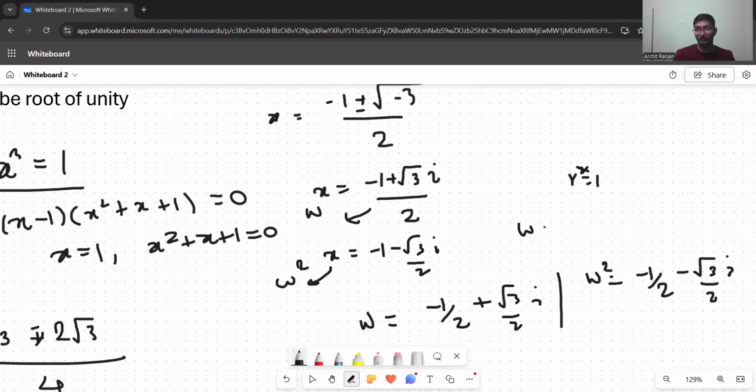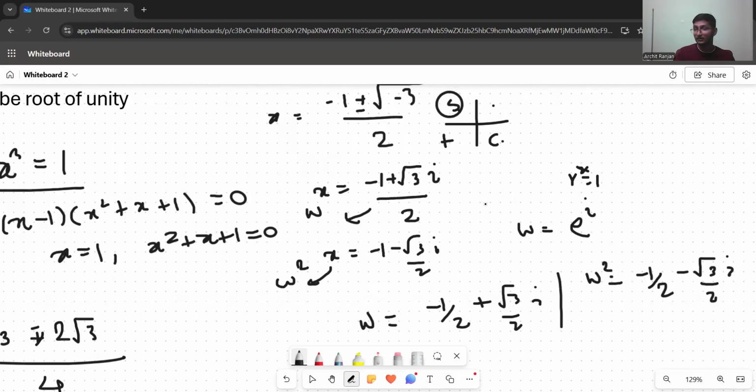So omega is equal to e to the power i theta. What is left is theta. What theta will give us cos theta as minus 1 by 2 and sin theta as root 3 by 2? If we divide the Cartesian plane, we remember that here all are positive, here only sine is positive, here only tan is positive, and here cos is positive. So the place where cos is negative and sine is positive is this part.